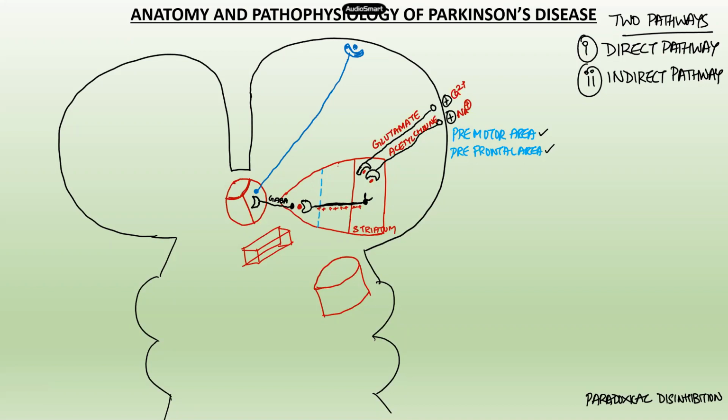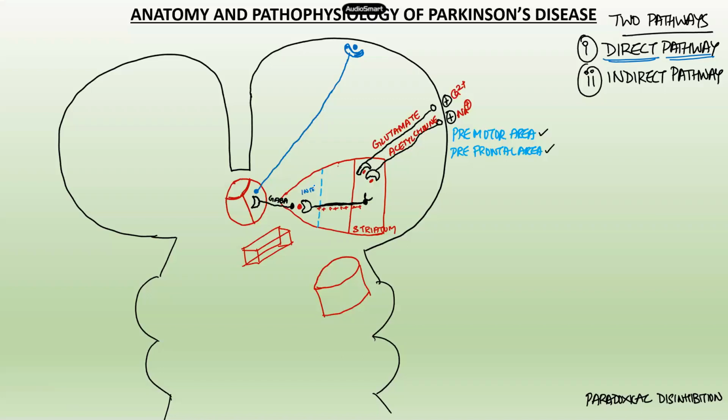All right. So this is referred to as the direct pathway. That means the excitatory neurons that are coming from the premotor area and prefrontal area release their neurotransmitters in the striatum. This striatum will cause the activation of a GABAergic neuron that goes from the striatum into the globus pallidus internus.